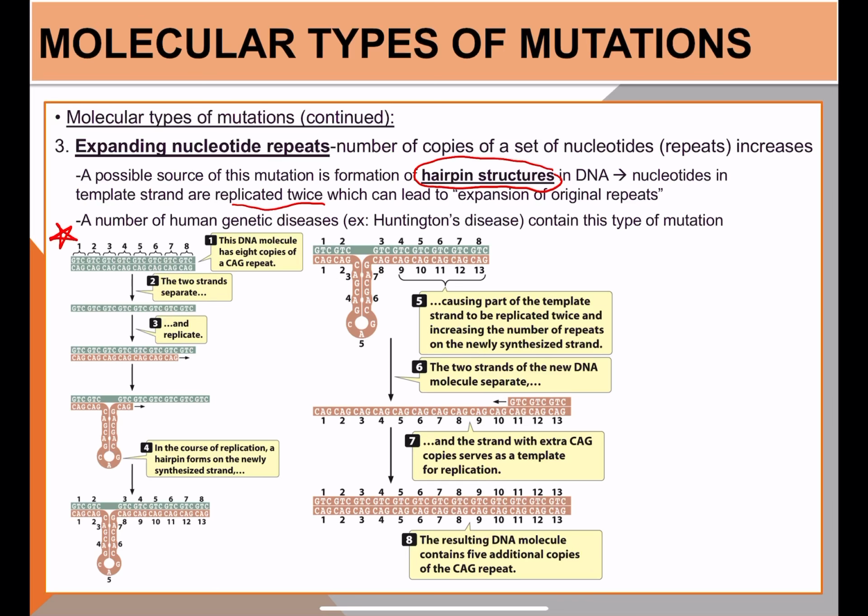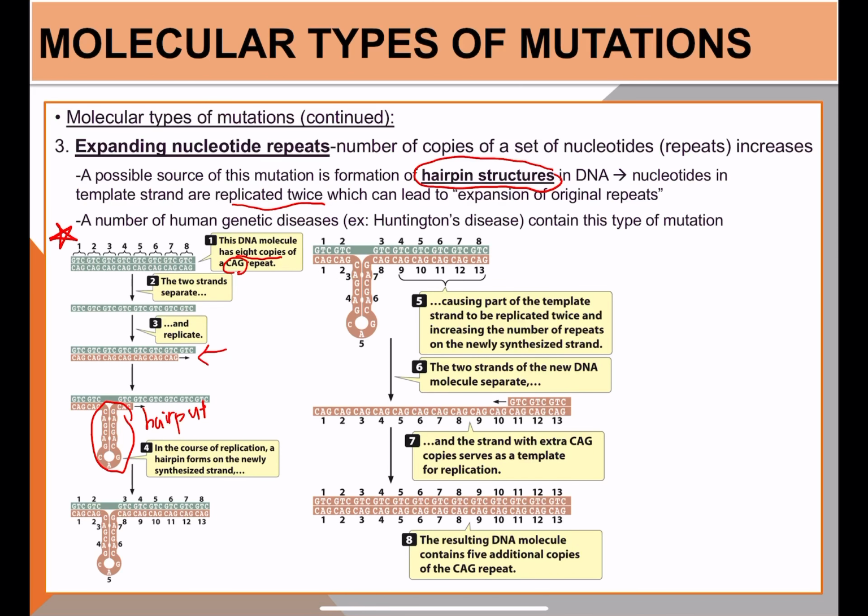So for example, here's a DNA molecule with about 8 copies of this CAG repeat. When they're getting ready to replicate, remember the two strands separate, and then they will undergo replication, just like that. Now, because these are repetitive sequences, they can form this type of secondary structure, which I refer to as hairpin structures.